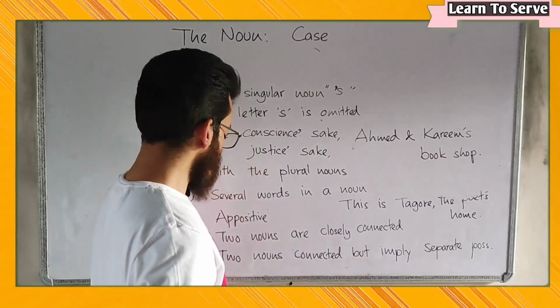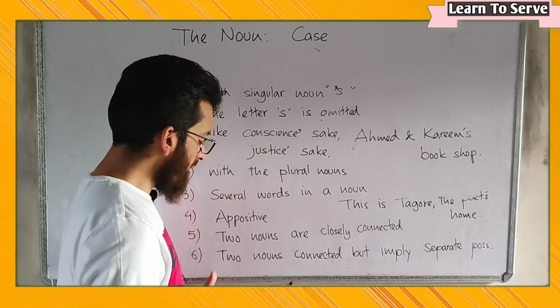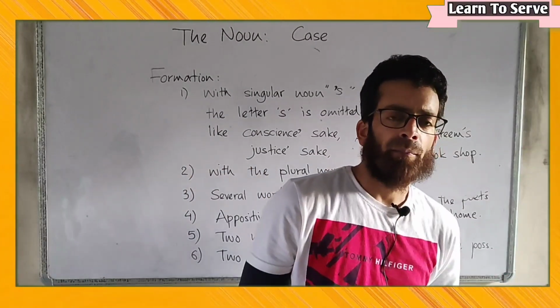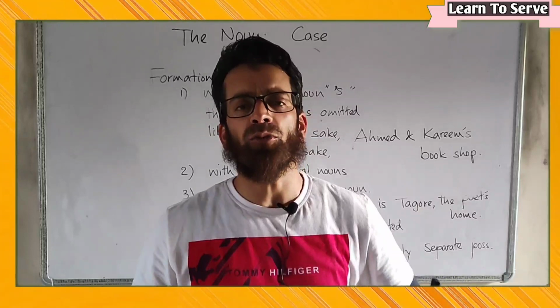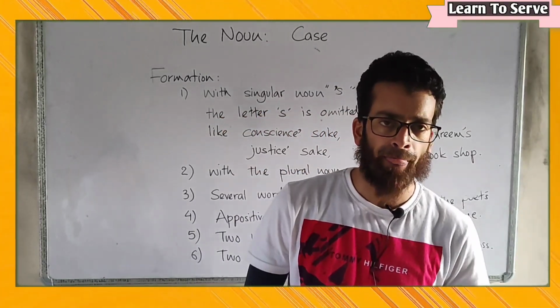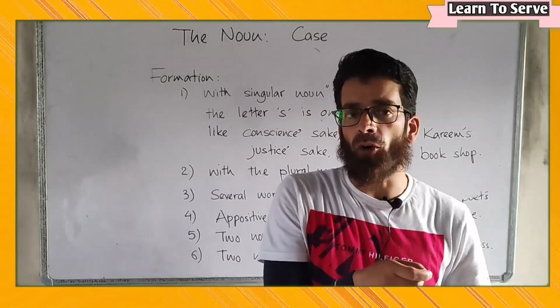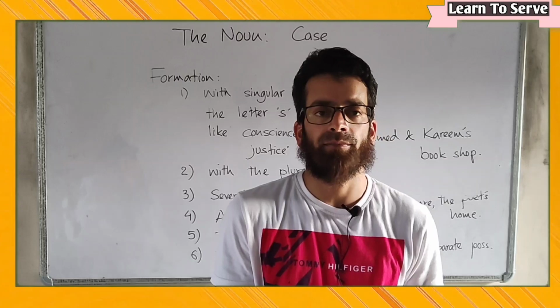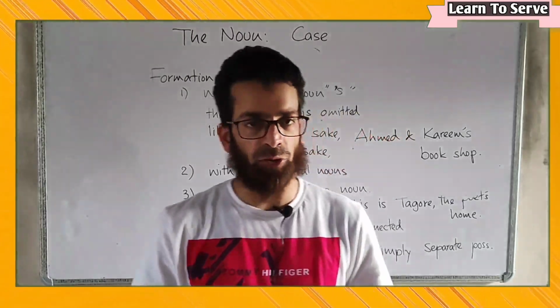Okay, but in the next point, two nouns are connected but imply separate possession. If two nouns or more than two nouns are connected by a conjunction, but each of them has separate possession, then the rule changes.